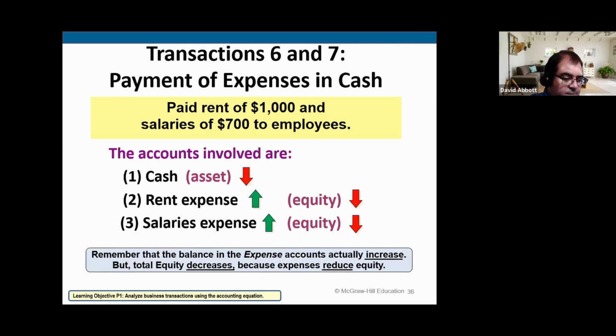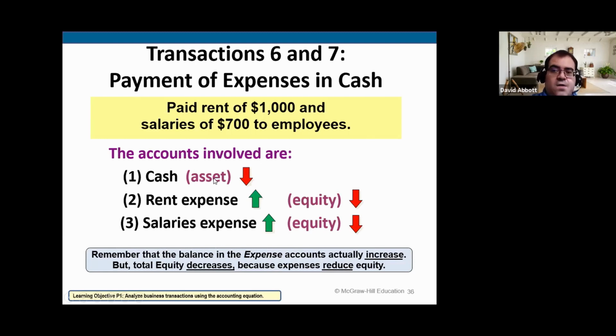And then they say here, remember that the balance of the expense accounts actually increase, but total equity decreases because expenses reduce equity. So we see here that rent expense and salaries expense are both parts of the equity section, and then cash is an asset.